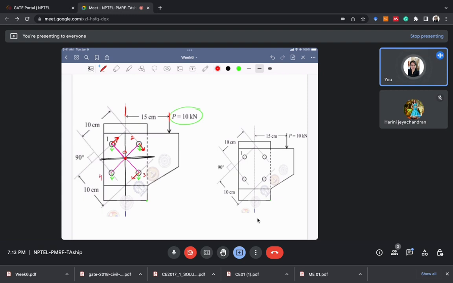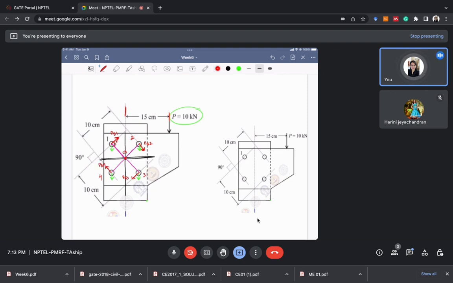And what will it be for the fourth one? It will again be perpendicular to the line joining the bolt and the CG, and the direction will be clockwise. All these forces, let's call them PB1, that is the force in bolt 1 due to bending moment, PB2, that is the force in bolt 2 due to bending moment, PB3 and PB4.